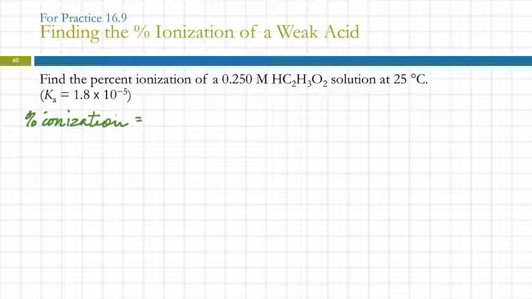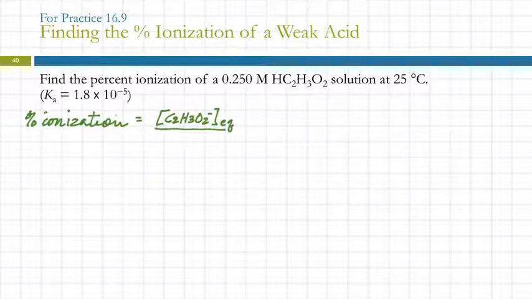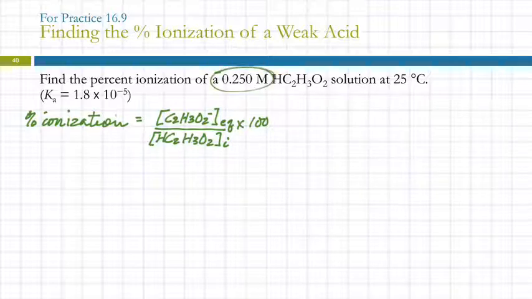So what we want here is the equilibrium concentration of the acetate ion, that's the conjugate base, divided by the initial concentration of the acid, times 100. Well, we've got the initial concentration, that's right there. We need to figure out the equilibrium concentration of the conjugate base.